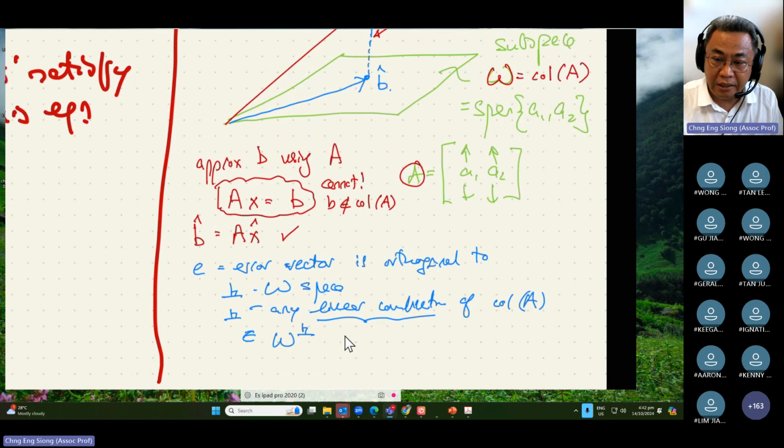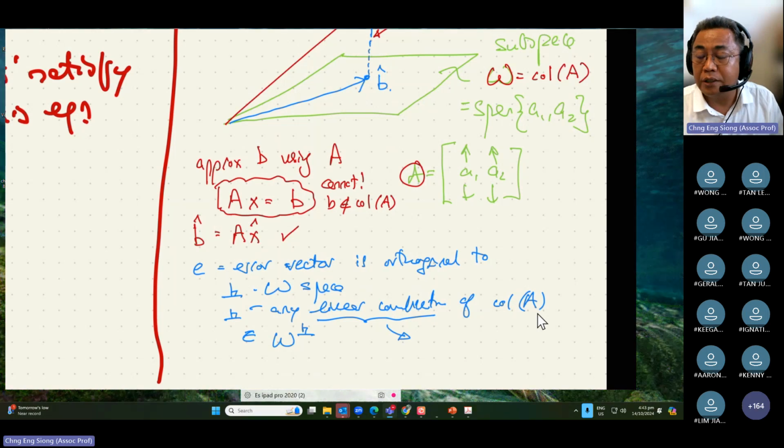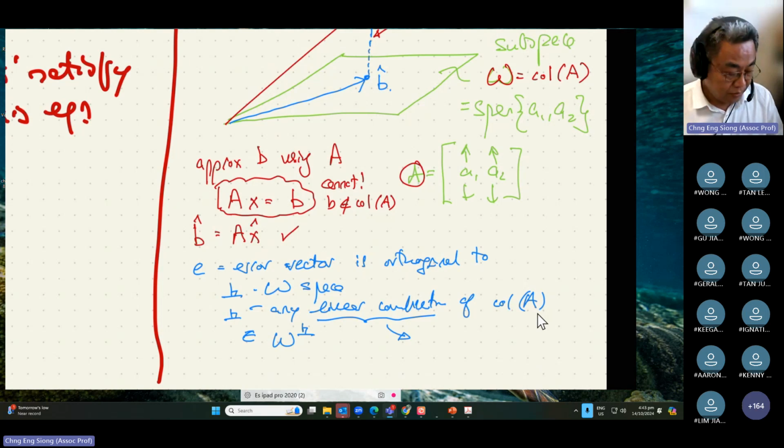How can I write linear combinations of columns of A? What notations would I use? Linear combinations of the columns of A. Guys? Yeah, but I want to write A what? X. Isn't A x a linear combination of columns of A?